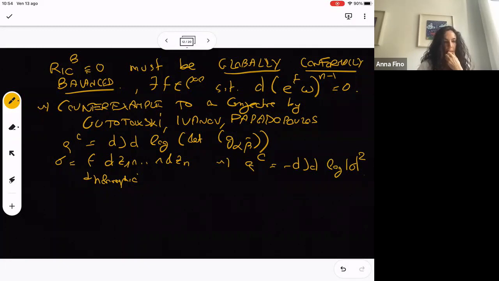And so what we essentially did is just a conformal change from ω to the norm of σ squared times ω.